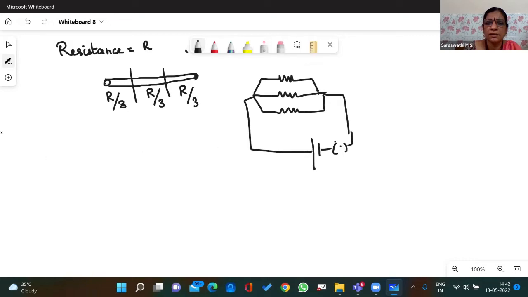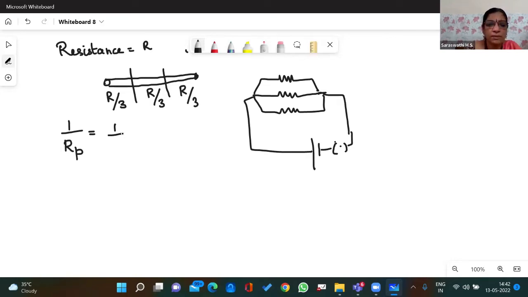They are asking you to find the total effective resistance. Since they are connected in parallel, 1 by Rp equals 1 by R by 3 plus 1 by R by 3 plus 1 by R by 3.